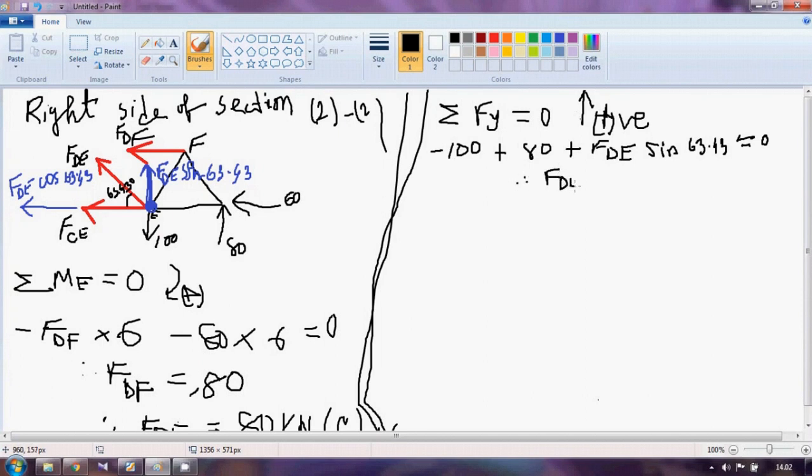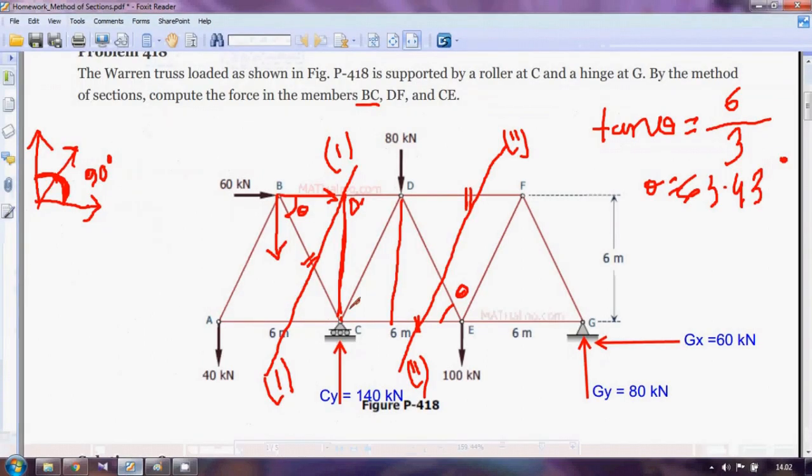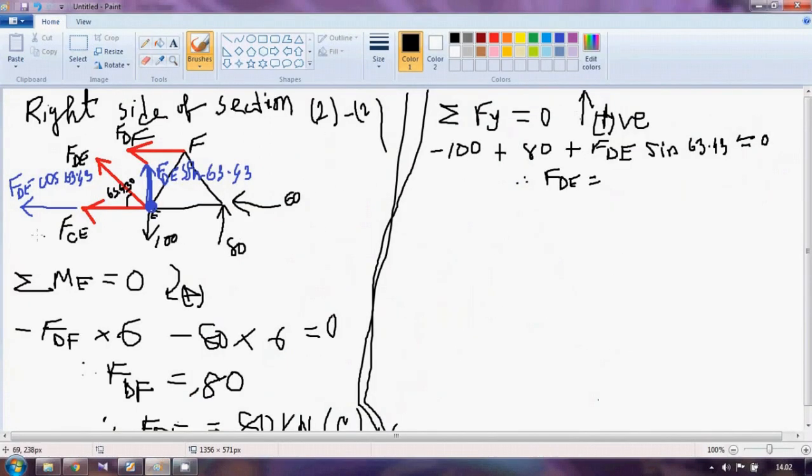Although I don't need the member force F_DE, because in the question it is not asked to determine it, I have no choice, because in order to determine the member force CE, I need to use summation Fx equal to 0. In that case, I have to know the value of F_DE cos 63.43. So what will be the value of F_DE? 20 divided by sine 63.43.